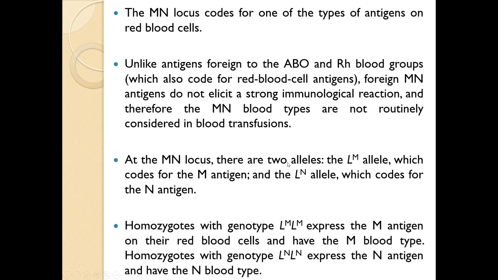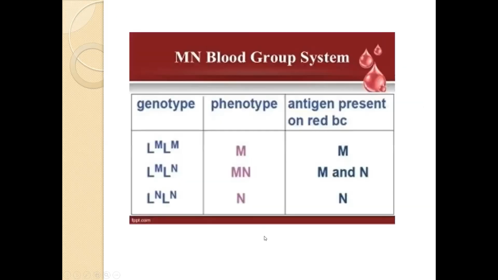At the MN locus, there are two alleles: capital L M allele, which codes for the M antigen, and capital L N allele, which codes for the N antigen. Homozygotes with genotype LM LM express the M antigen on their red blood cells and have the M blood type. Homozygotes with the genotype LN LN express the N antigen and have the N blood type.